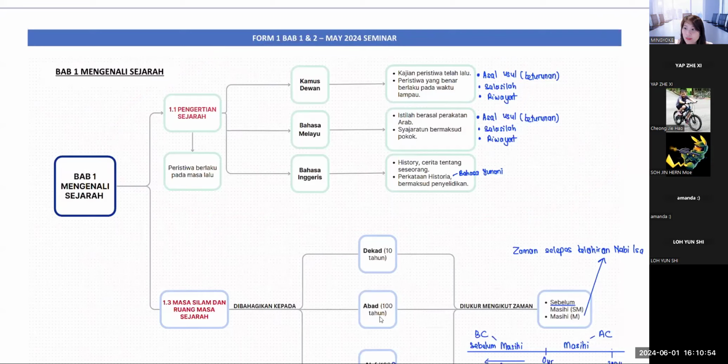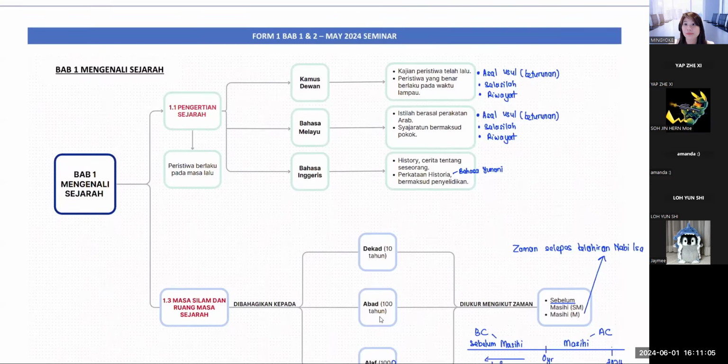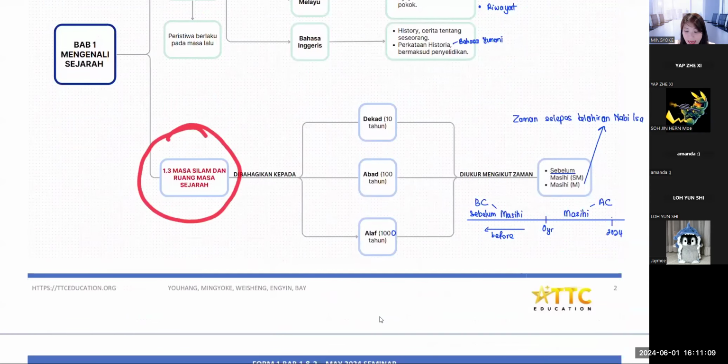Understand? So you have to at least, that's why if you have my Q&A notes, then you go through everything inside. Understand? Okay, then after that, continue on is the timeline.